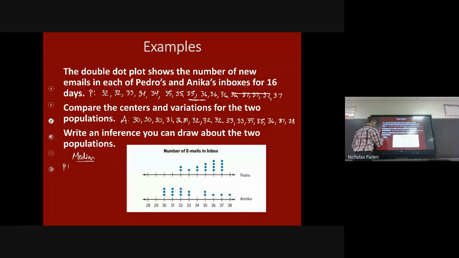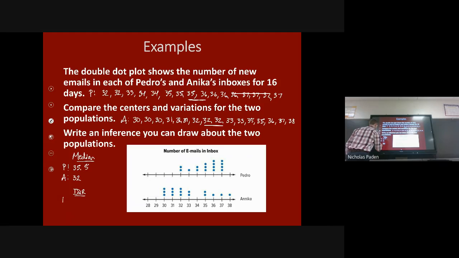So in between those two would be 35.5. And then Annika's is going to be 32 and 32. And so it would be 32. Okay. So that's the median.